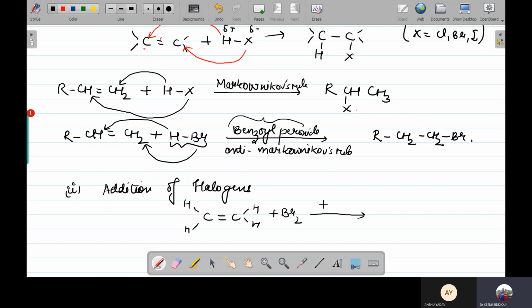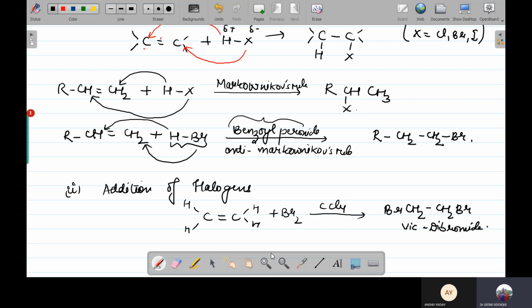It takes place in the presence of carbon tetrachloride. So this particular reaction is going to provide a vicinal dihalide. As we have bromide, we call it a vicinal dihalide. Vicinal means what? That the halogen atoms are attached to neighboring carbon atoms.